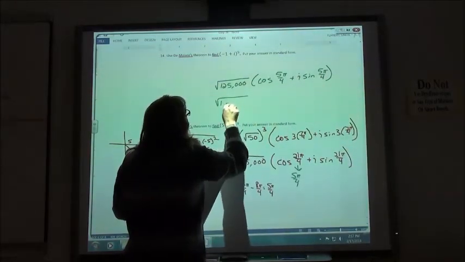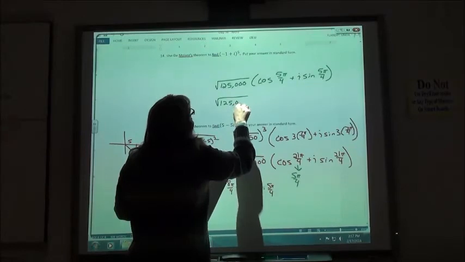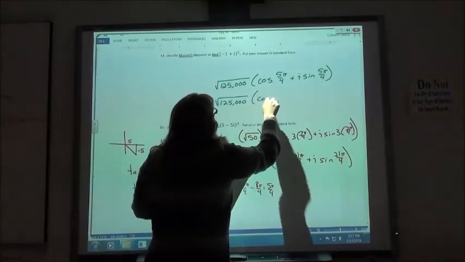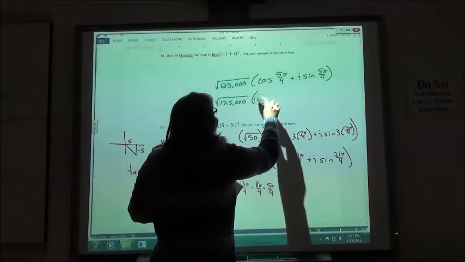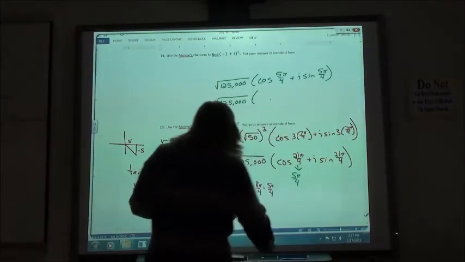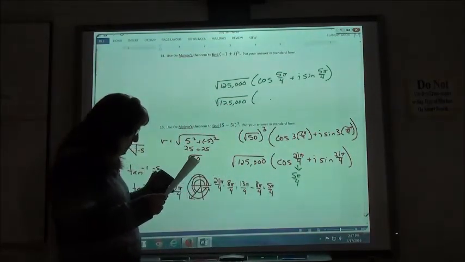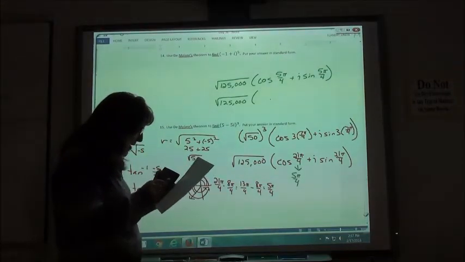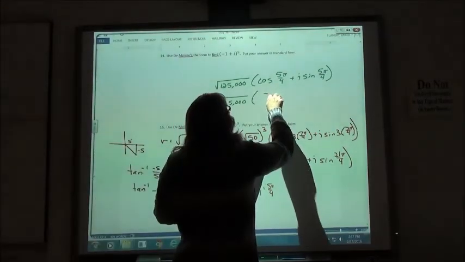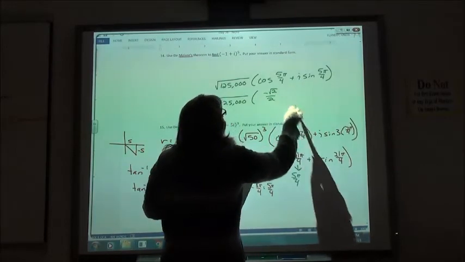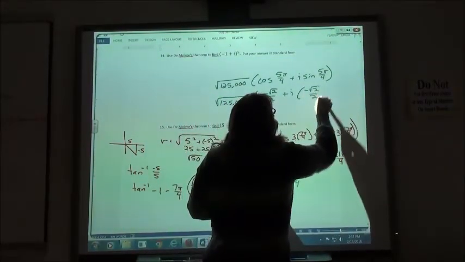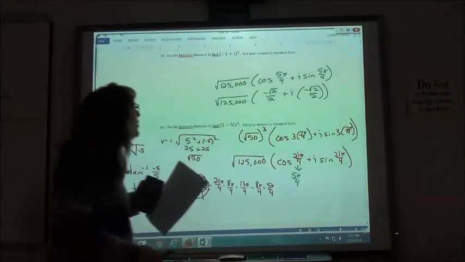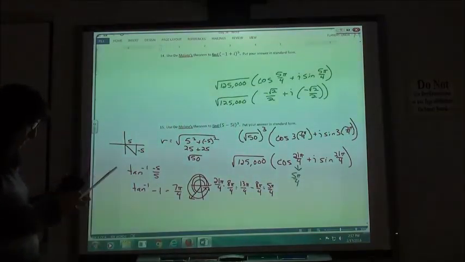So square root of 125,000 cosine. Whoops, I'm not even going to write cosine. I've got to figure out what my cosine of 5 pi over 4 is. So I'm going to look it up in my table. 5 pi over 4. The cosine is negative square root of 2 over 2. Plus I times the sine, which happens to be the same thing. Negative square root of 2 over 2.